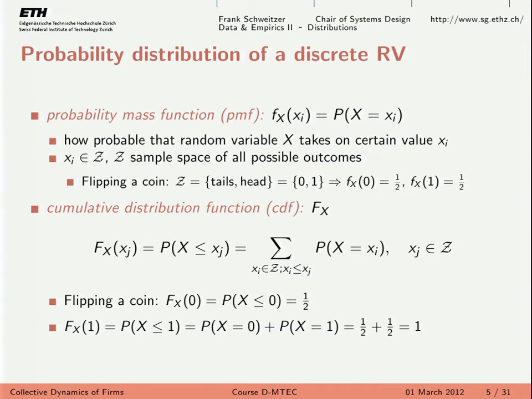For example, we talk about income. Then the capital F gives you the probability that your income is below 1 million francs.